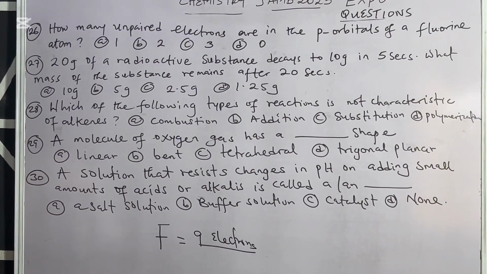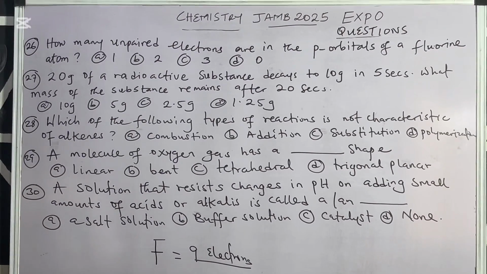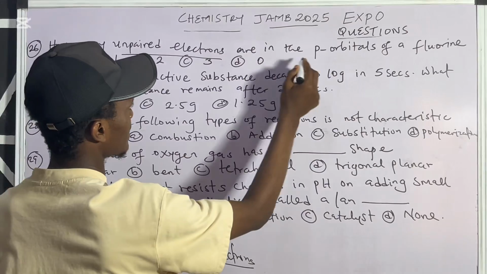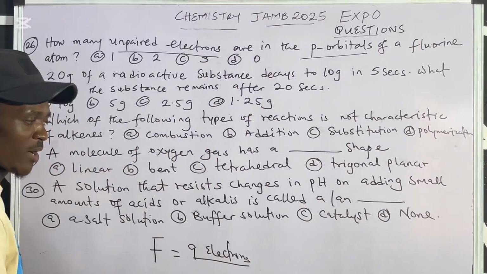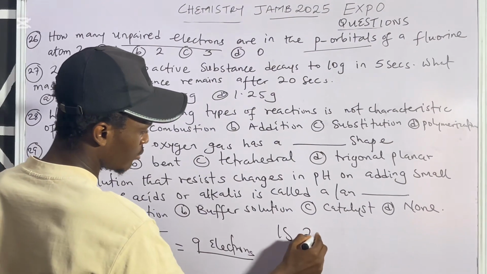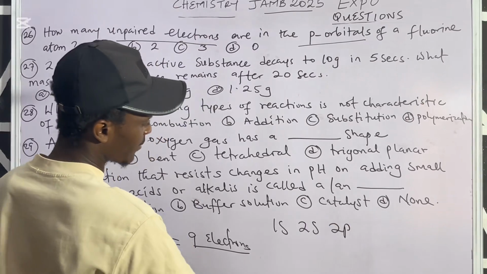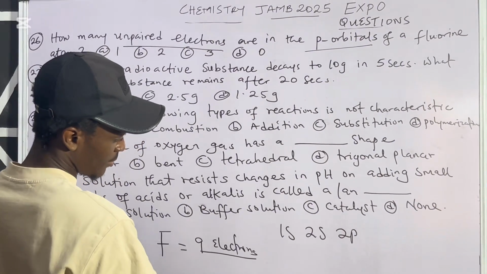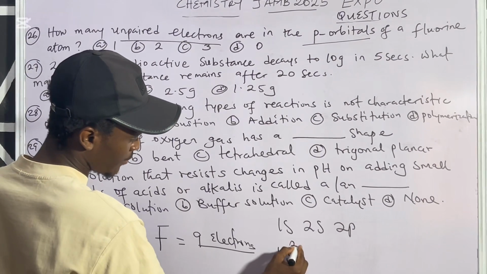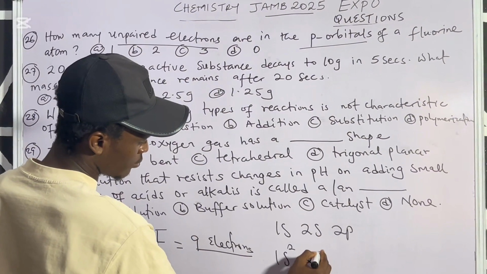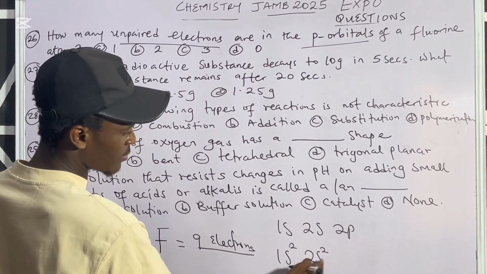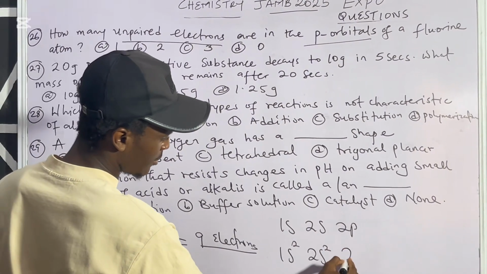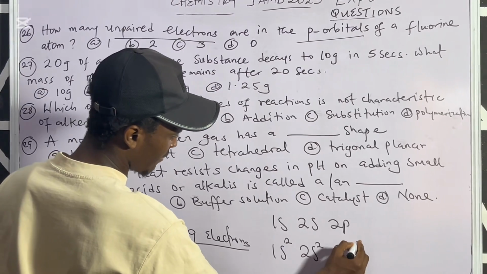Now, how can we obtain the number of unpaired electrons in p orbitals? Remember our code now, 1s, 2s, 2p. 1s will take 2, then 2s will take 2. Then how many should we add to this to get 9? It should be 2p5.